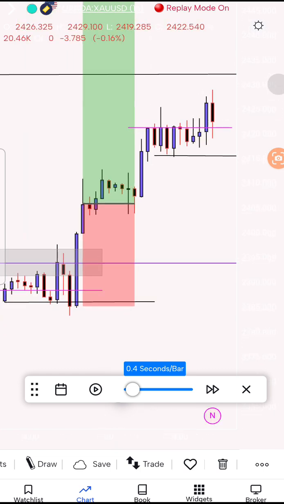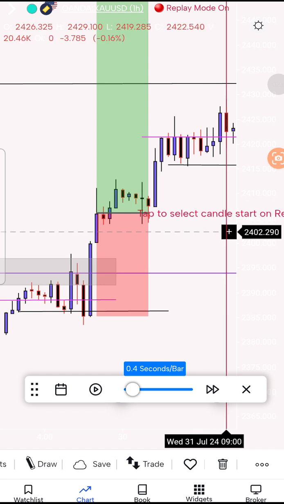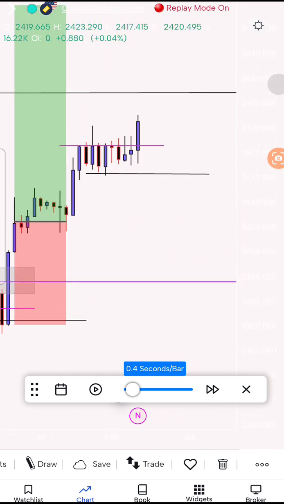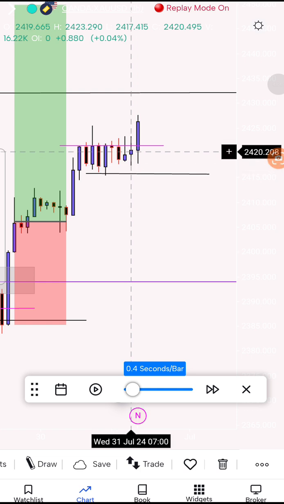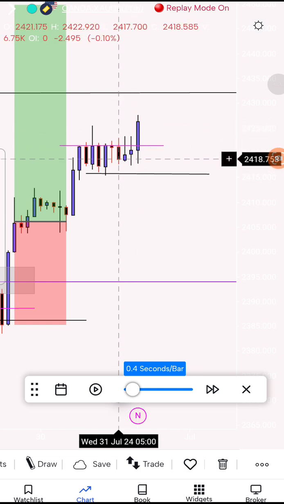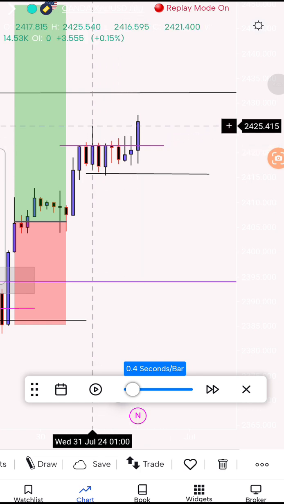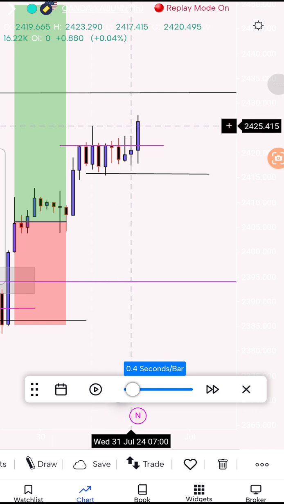So if I can take back this candle, with this candle what you can see is we have created a change in state of delivery by closing above that, by reacting also above that immediate rebalance. Also, we are seeing that price has created a market structure shift by closing at that point in time.